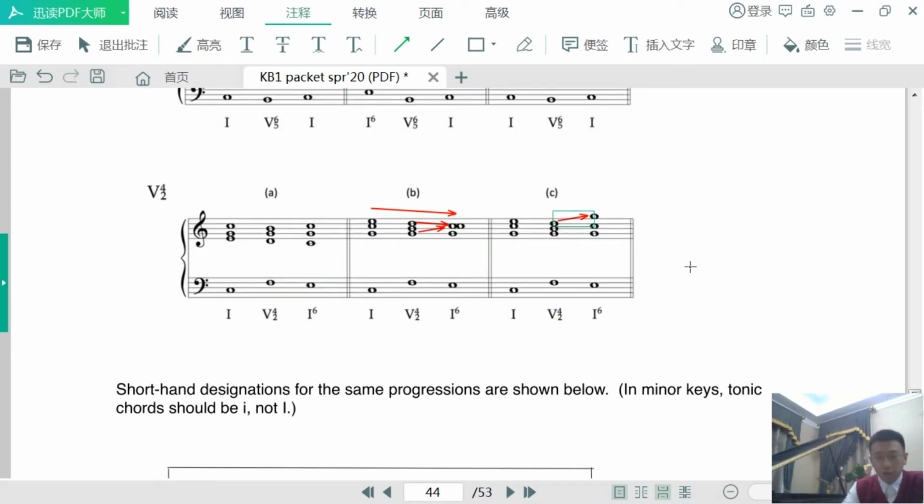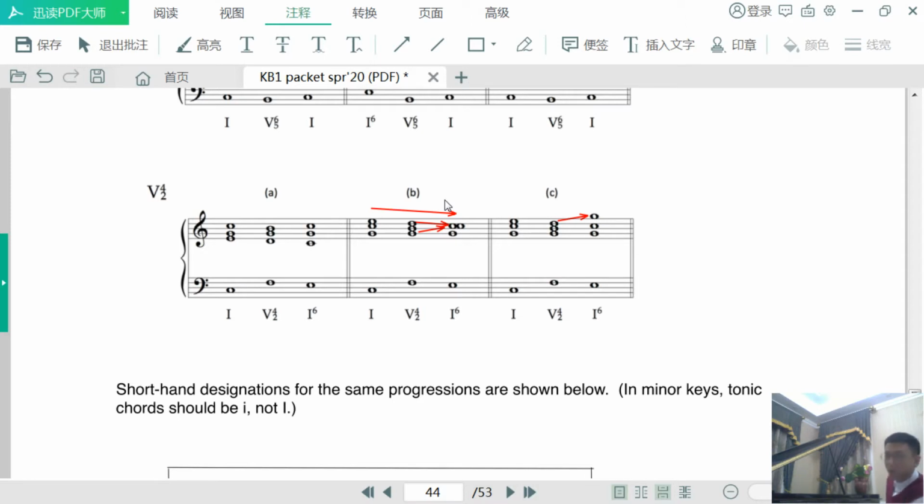We expect that the 5th should descend by a step, like part B, so we expect to hear 3, 2, 1. But in the case of part C of the 5-4-2 chord, it goes up by a perfect fourth interval. In 5-4-2 to 1-6, the 5th leaps up a perfect fourth.